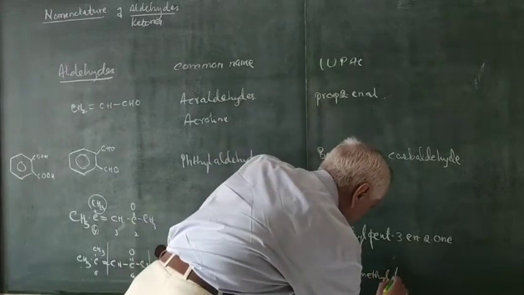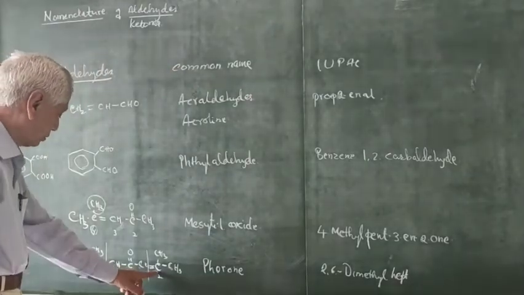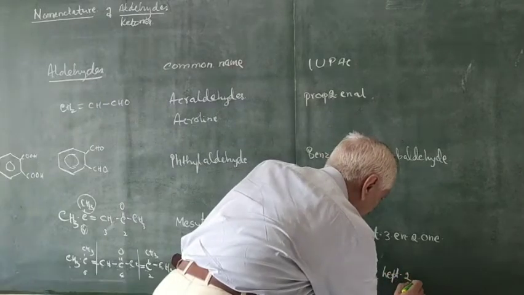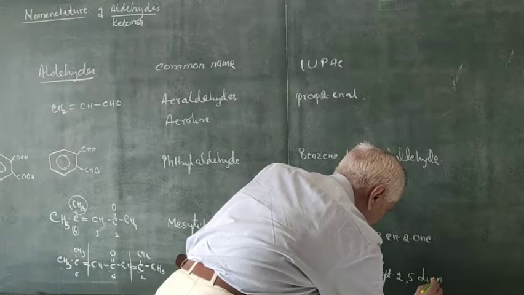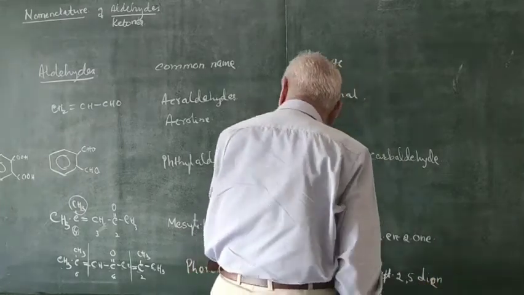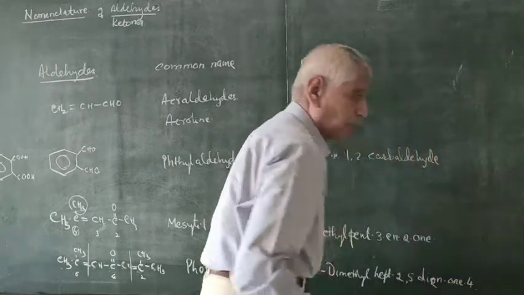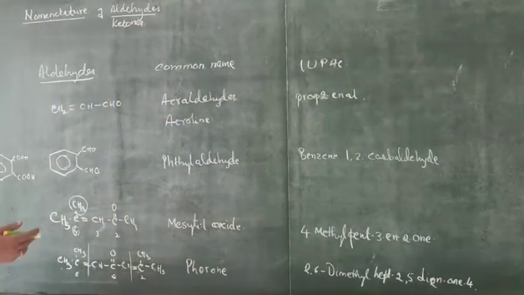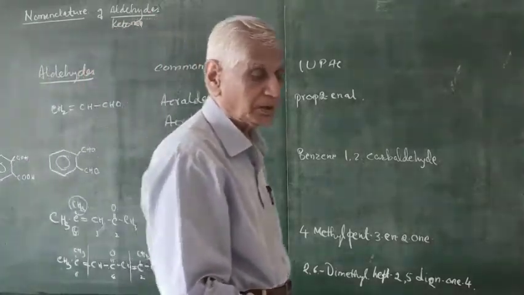The fourth carbon has got the ketonic group. Therefore, the exact name of this compound is 2,6-dimethylhepta-2,5-dien-4-one. So this is how you have to name the organic compound by the exact method.